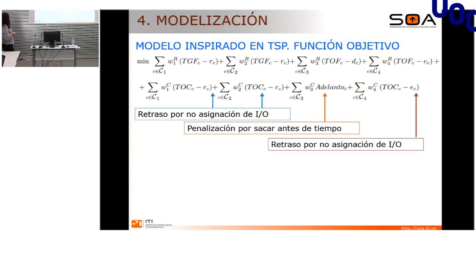And type 4 is extracting the container from the yard to the truck, and you are computing with respect to the final occupation time of the input-output. Okay? So depending on the term, the variable is different.